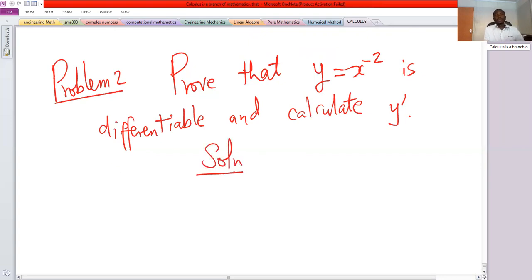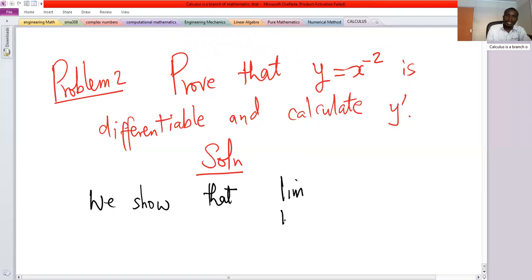So solution, the same thing. To show that a function is differentiable, we have to show that the limit given in the definition of derivative exists. So we show that the limit as h approaches 0 of f of x plus h minus f of x divided by h exists.